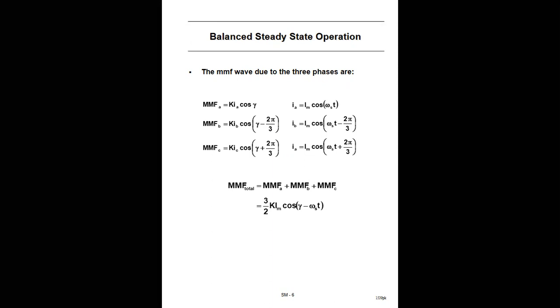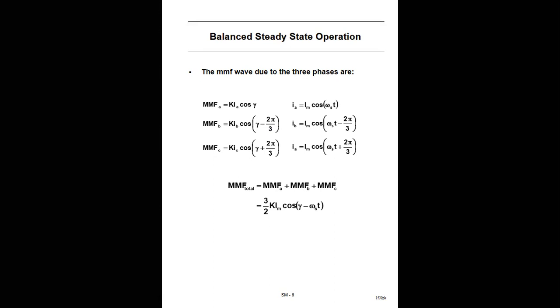For phase C, MMF equals K IC cos(gamma plus 2 pi by 3), and IC equals IM cos(omega_s t plus 2 pi by 3), as all the phases are displaced by 120 degrees.